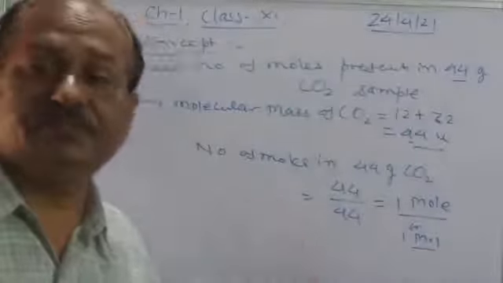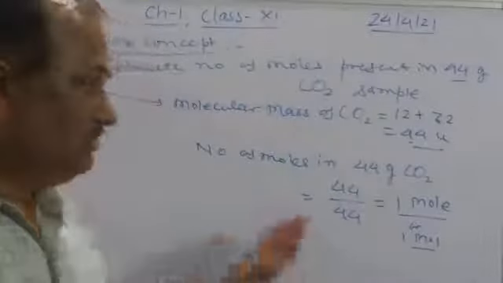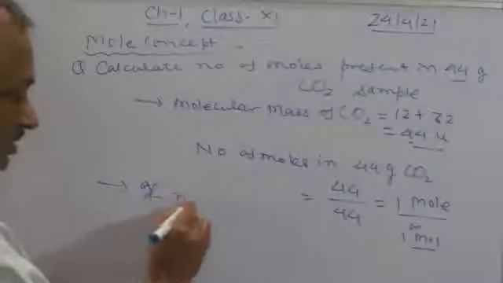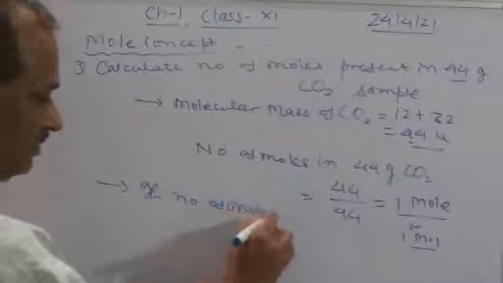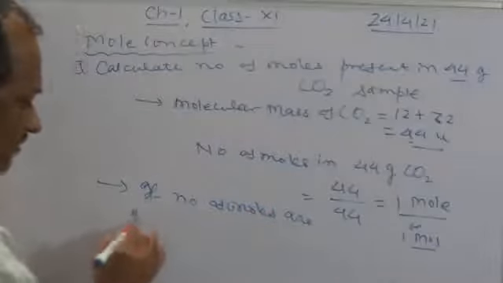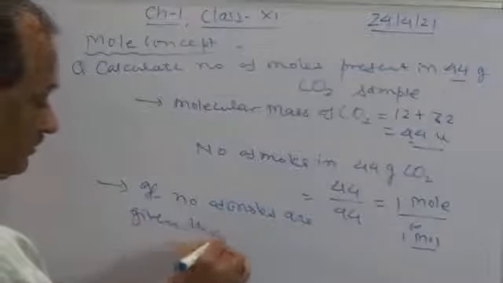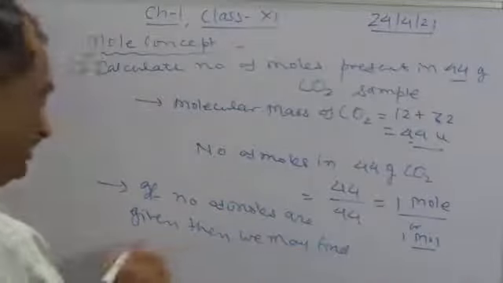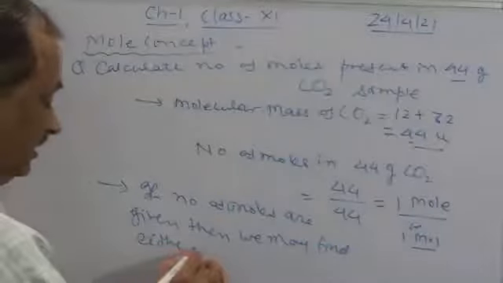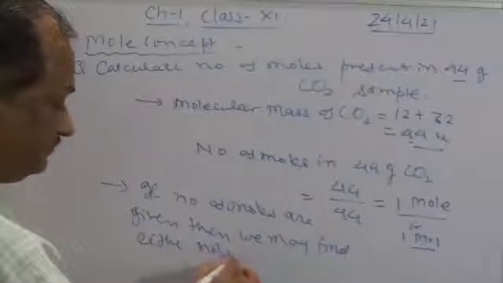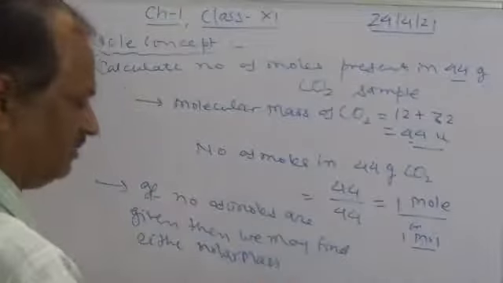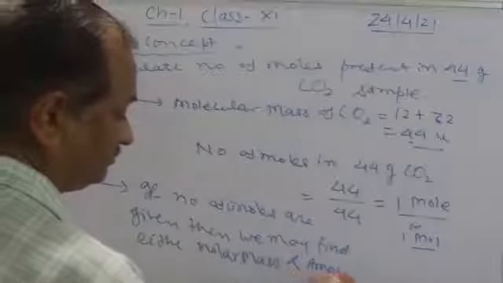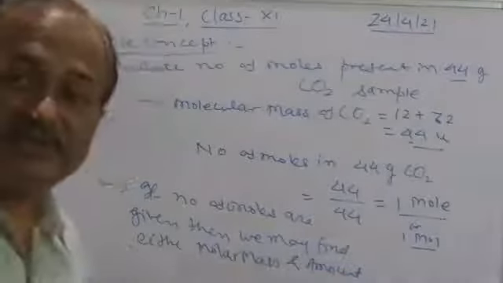So this is the first very important part to note. Similarly, in the other way, if the number of moles is given, then we may find either the molar mass, which can be the atomic mass, or the amount, or vice versa.